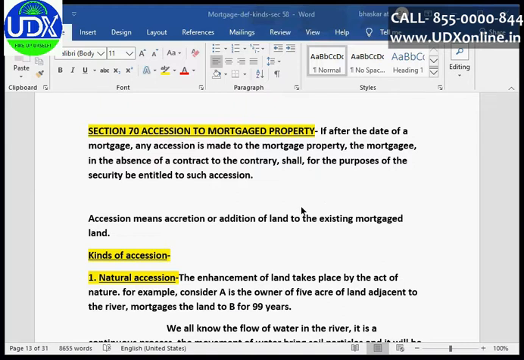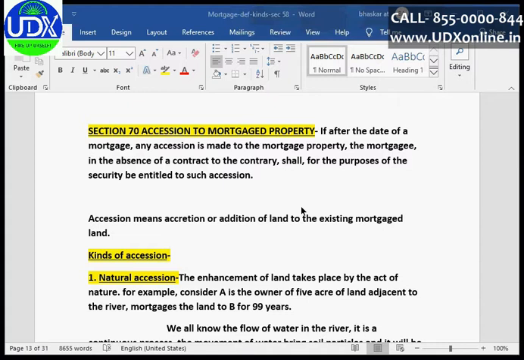Sir, same. So in case any question comes relating to accession, can we write only one section, or we have to write both the sections? See, accession, that is accession of the mortgaged property in respect of the mortgagee. If they ask you specifically mortgagee, you write section 70.